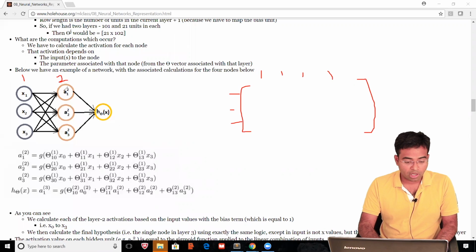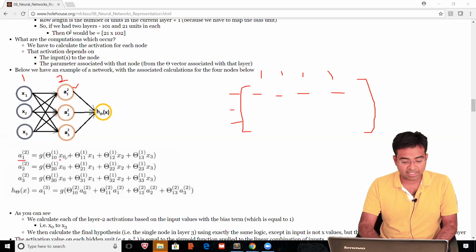Now this value gets multiplied with this weight. What we want to do is find the value at this point. So this is theta 1,0, this is theta 1,1, this is theta 1,2, this is theta 1,3.